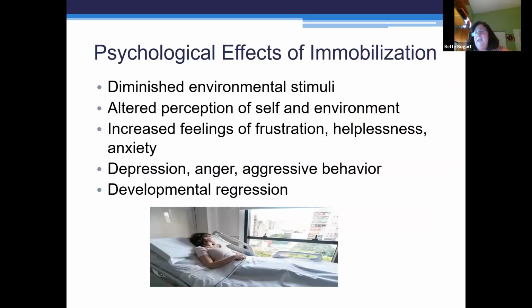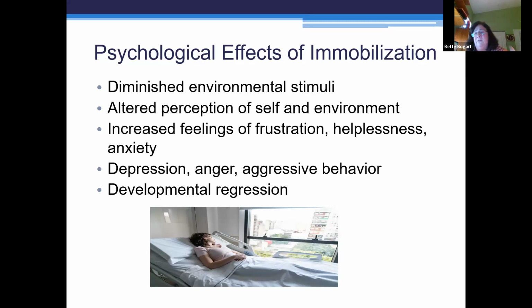Now, take a kid and put them immobilized. Most of the time, these children are awake and alert, and they're children. They can't get up, can't get out of bed, can't get things for themselves. And you can imagine you're going to have one frustrated child, and they're going to get a little aggressive because they're angry. They don't want to be there anymore. They're missing out, right?